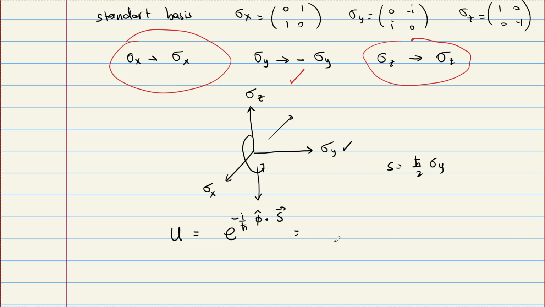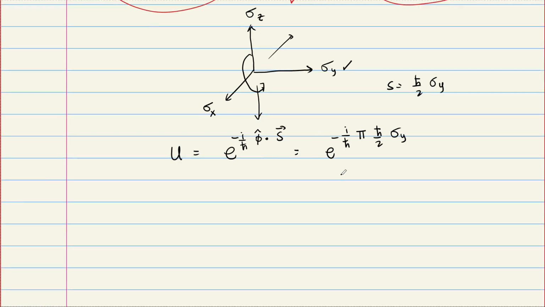Sorry, the angle is not pi over 2, the angle is pi, so this is going to be e to the minus I over h bar, this is pi, this is h bar over 2, this is sigma y, and cancel this.